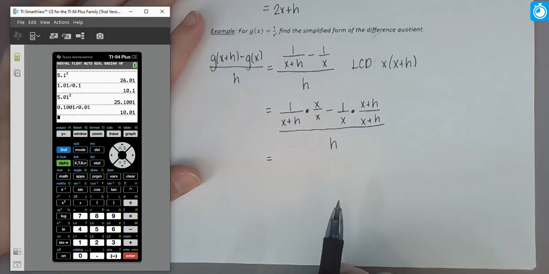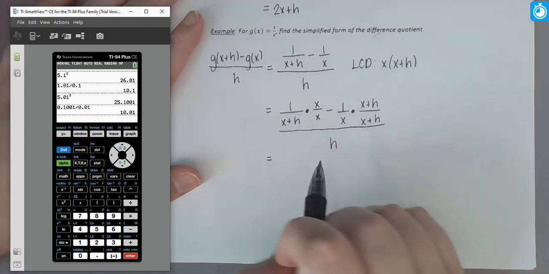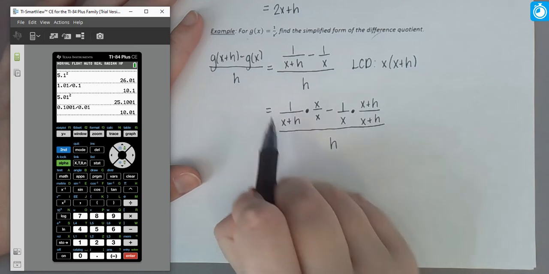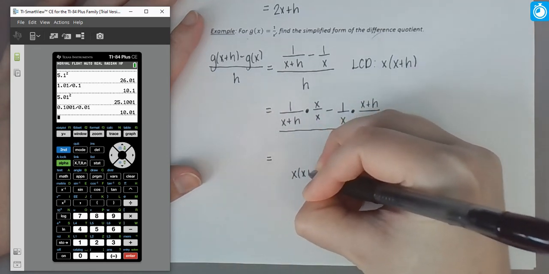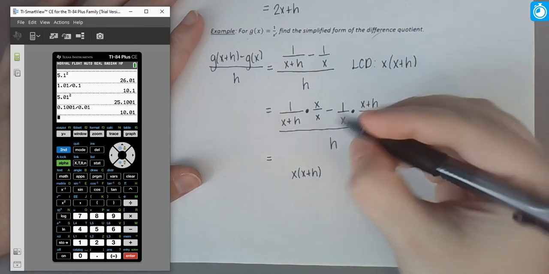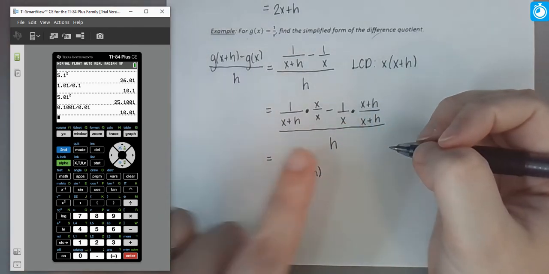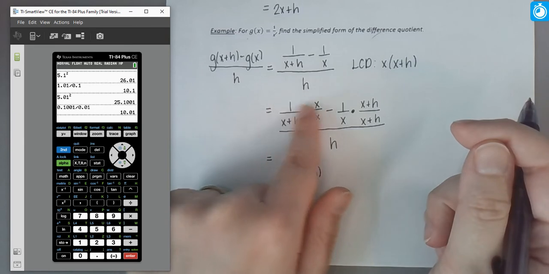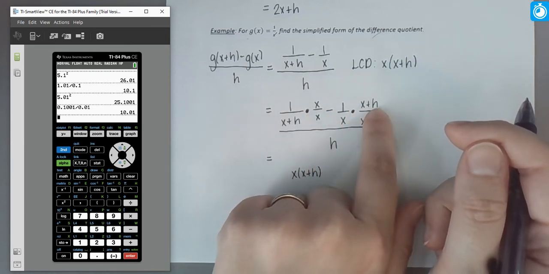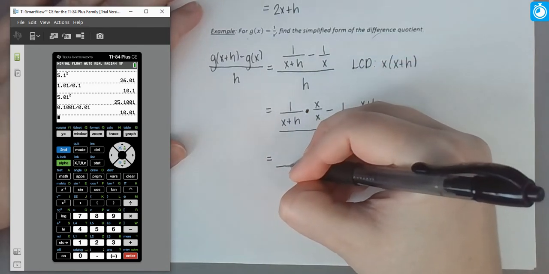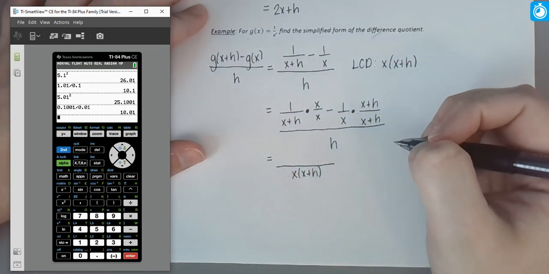So let's see if we can do a couple things at one time. We're now going to have a common denominator in the numerator of x times x plus h. What are our new numerators going to be? Well, 1 times x is going to be x, and then over here we're going to have subtracted x plus h. Let's combine all of those and put them over that one denominator.